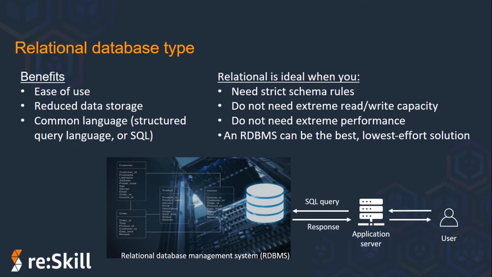The top 4 were Oracle, MySQL, Microsoft SQL Server, and PostgreSQL, which are all relational databases. So there are a lot of benefits of using relational databases because they use a common SQL language to query over the data, and they are ideal when we need strict schema rules for our data. We do not need extreme read write capacity, but it's kind of moderate, just a few thousands only, and we do not need very extreme performance also.